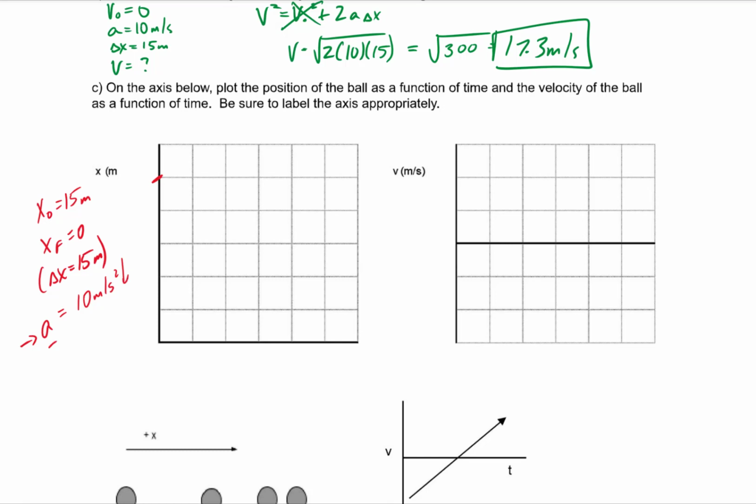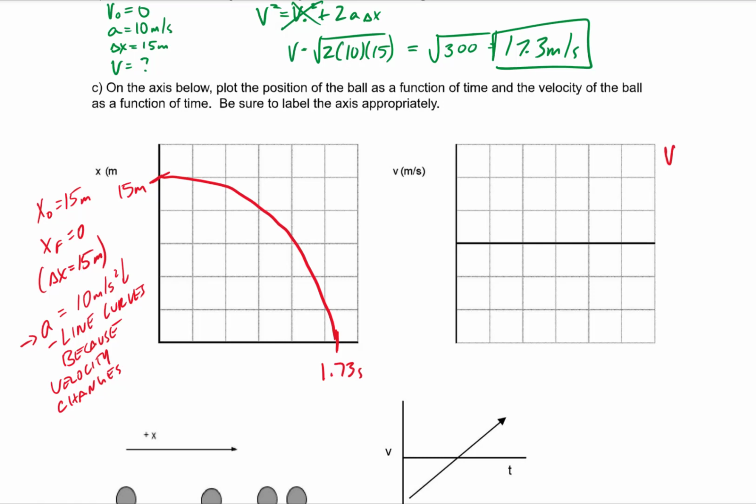And I know my acceleration is 10 meters per second squared down. My line has to curve because it accelerates, because my velocity changes and my slope changes. So if we start off at 15 meters, end up on the ground, and curve, it's going to curve down like this. Start off at 15 meters, end at 1.73 seconds.